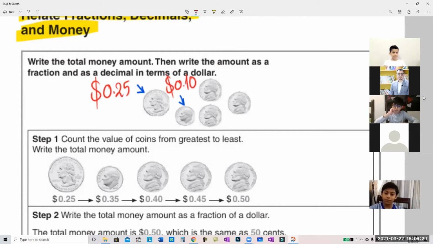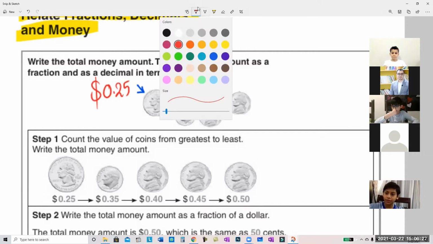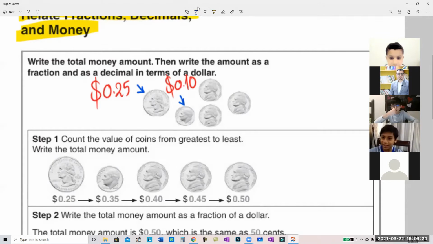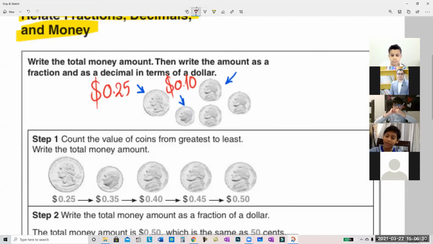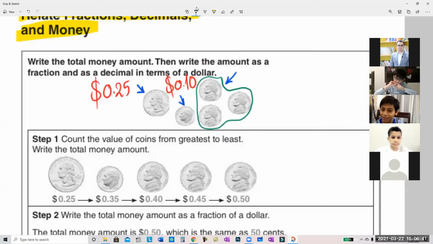Okay, what about Faris? Yes. What do you think about this? It's a nickel. All of them are nickels, right? Yes. So we have 3 identical coins, and each one equals what here?